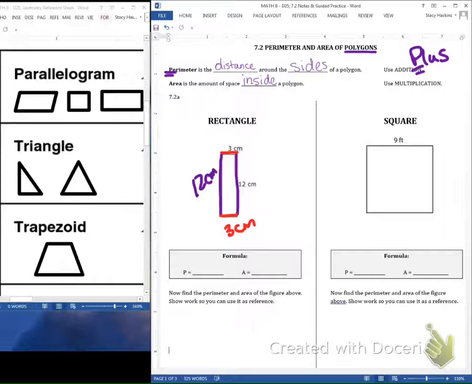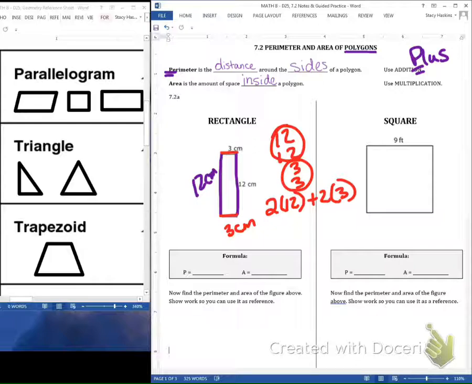To calculate the perimeter, you need to add 12 plus 12 and 3 plus 3. Or another way to think of it, because you have two 12s and two 3s, is 2 times 12 plus 2 times 3.